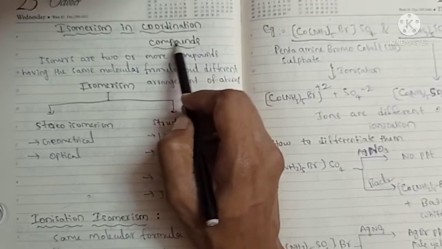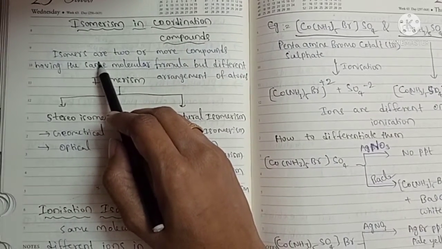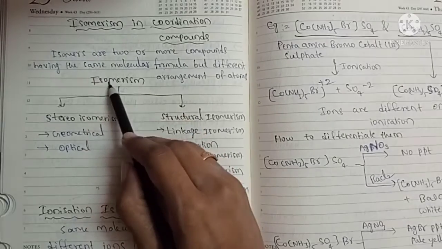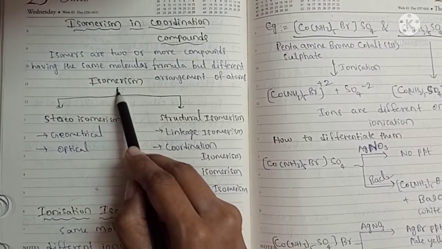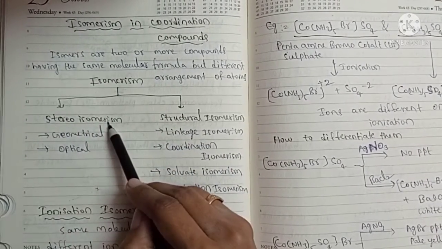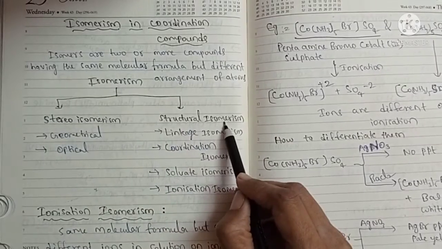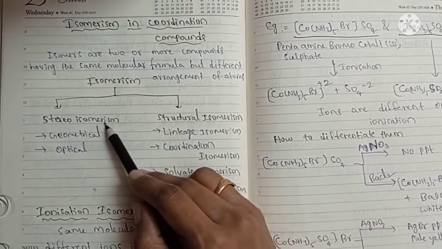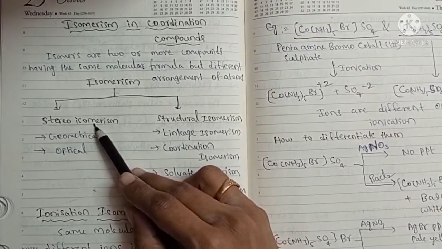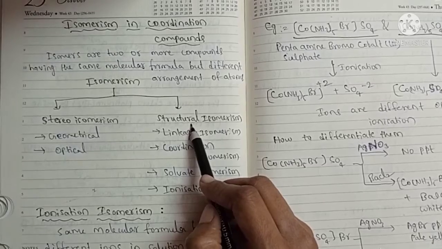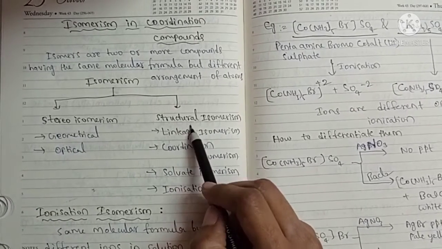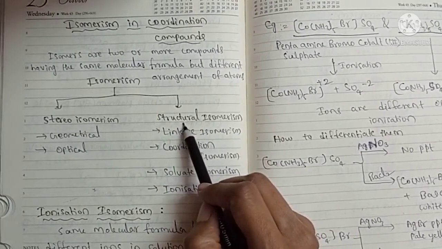Let us see it in coordination compounds. In coordination compounds, isomerism is broadly classified into stereoisomerism and structural isomerism. These are the two main classifications. First we will see structural isomerism.